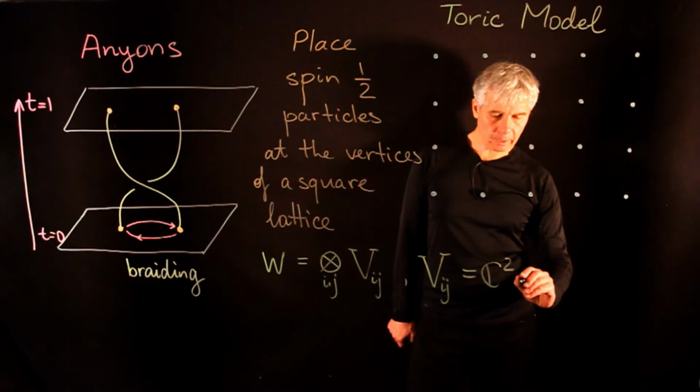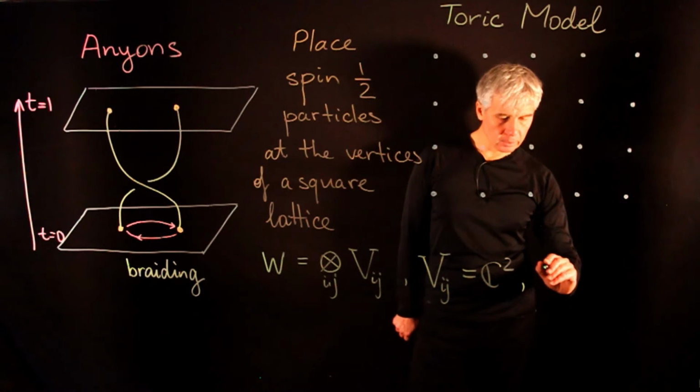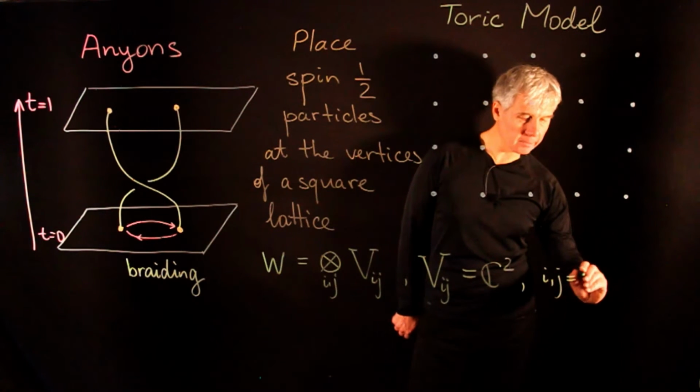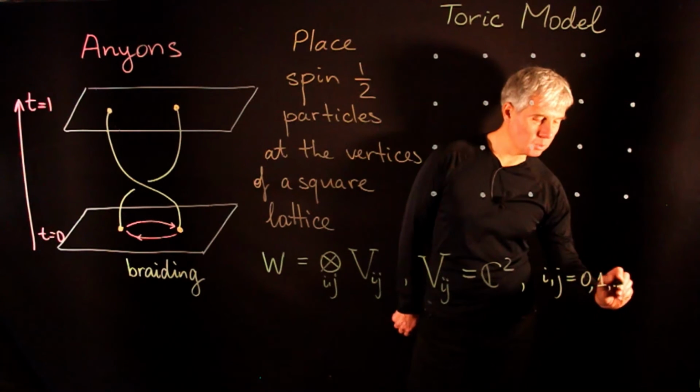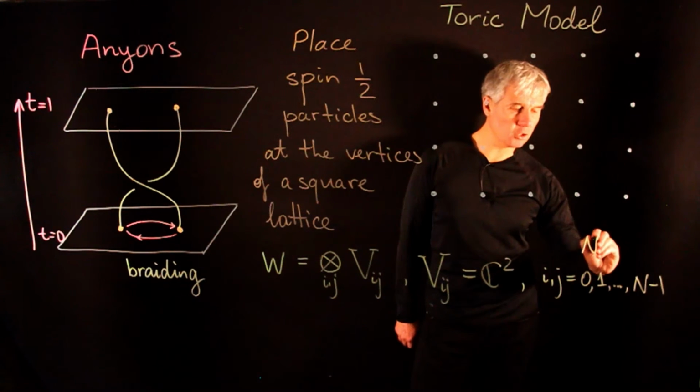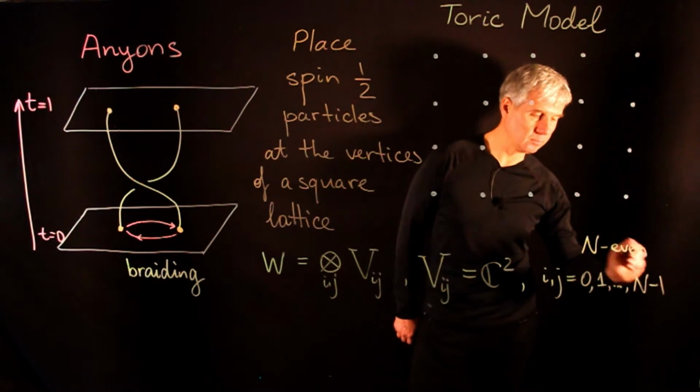In order to make this space finite dimensional, we let i and j run in a finite set from 0 to n minus 1, and we consider the integer n to be even.